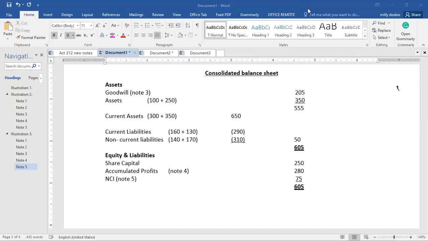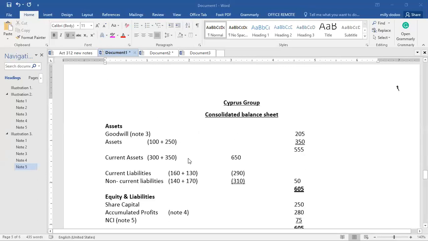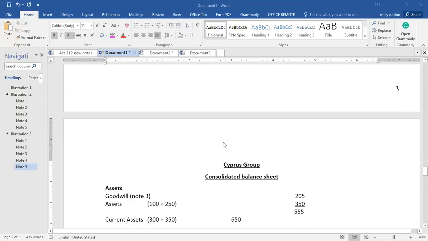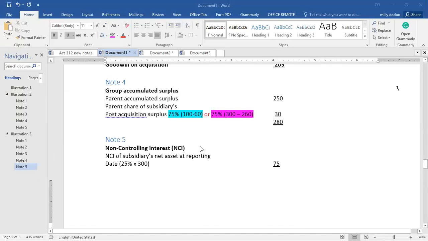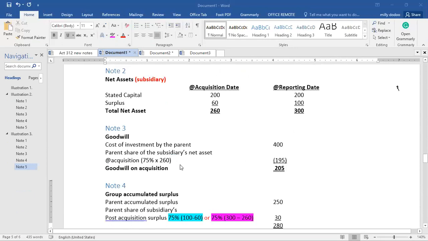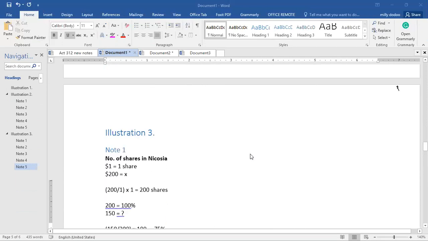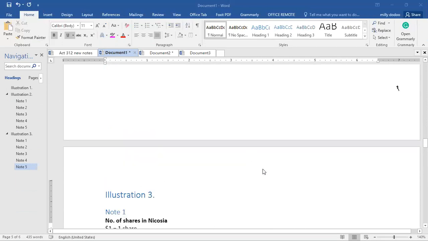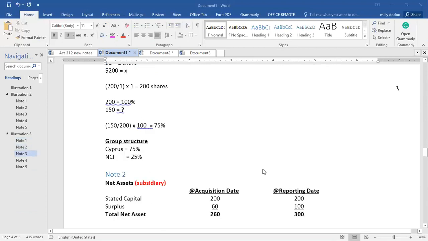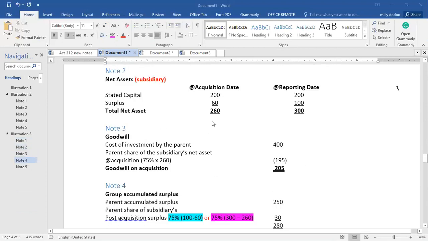So you can see that in all the three illustrations that we did, when they are going to sell, they say, oh, cost of investment is 400,000. Cost of investment is 275. What the parent company is going to pay is what we value. So we only value the net asset at acquisition. Then, okay, this is the value of the net asset.